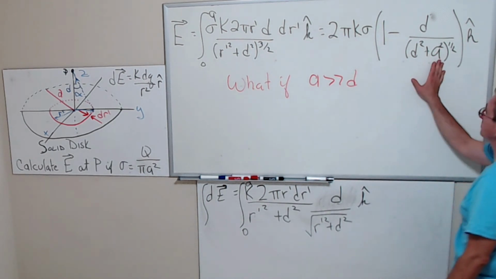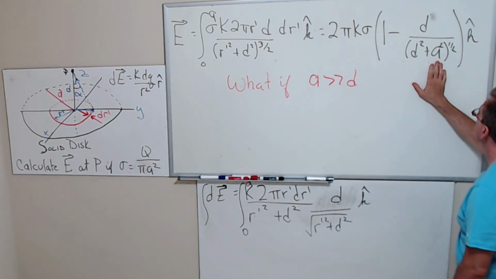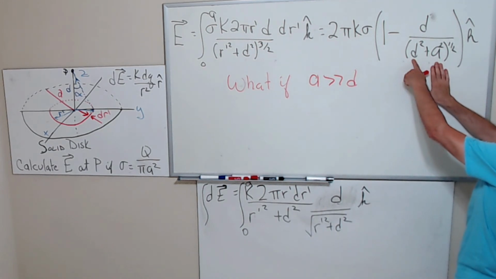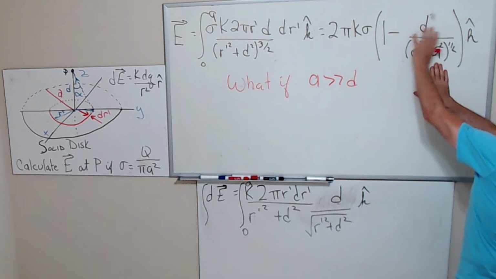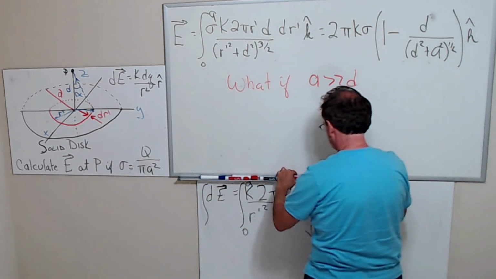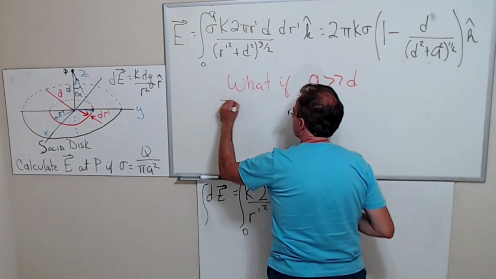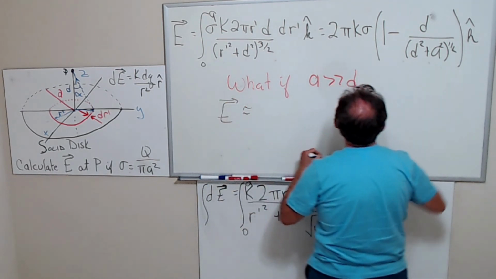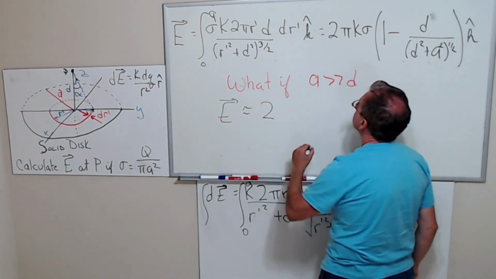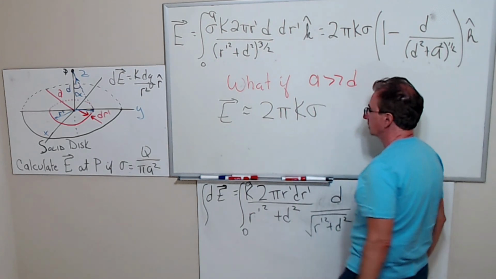Well, if a is much, much bigger than d, then this term will dominate over this term. This term essentially is small compared to the 1. And so my electric field will be approximately equal to 2 pi k sigma.